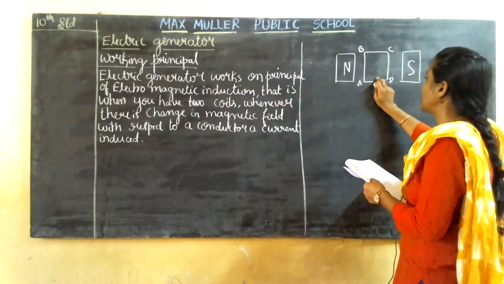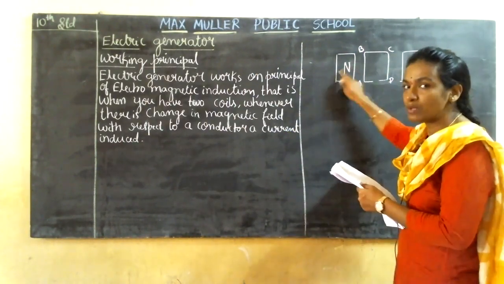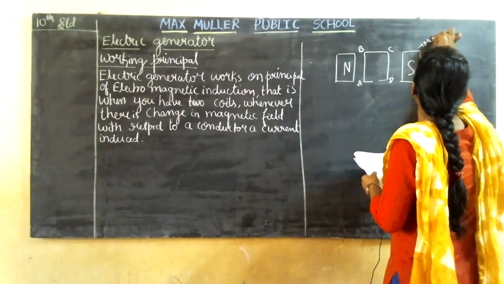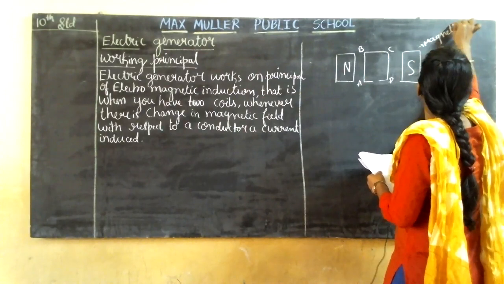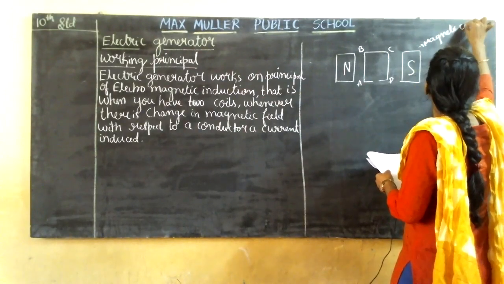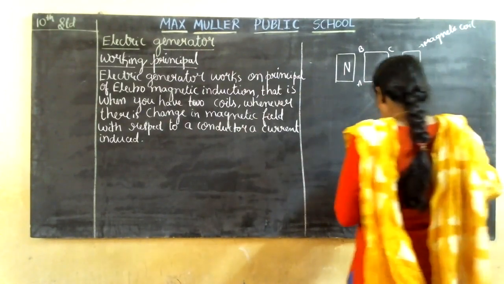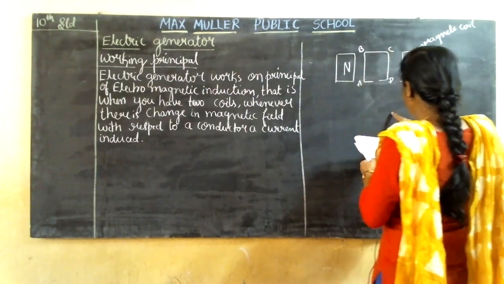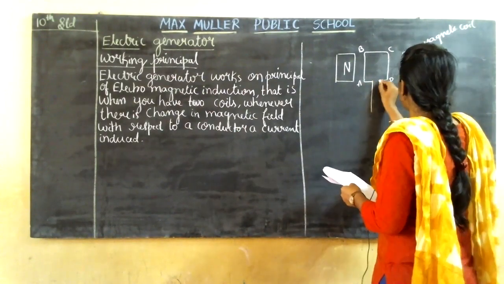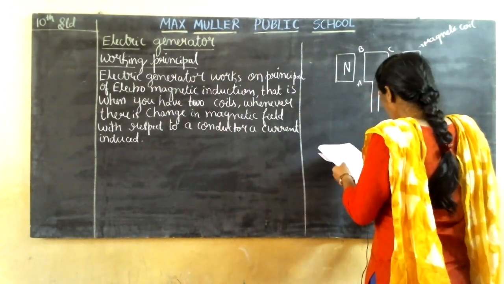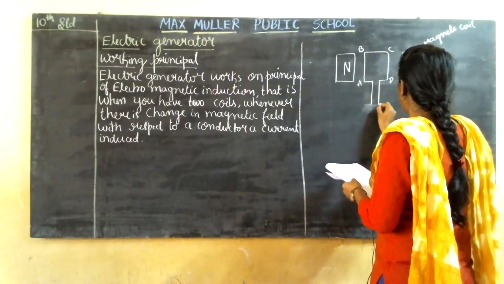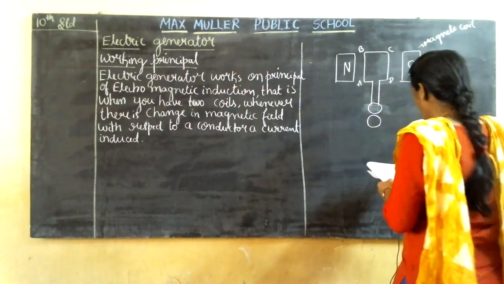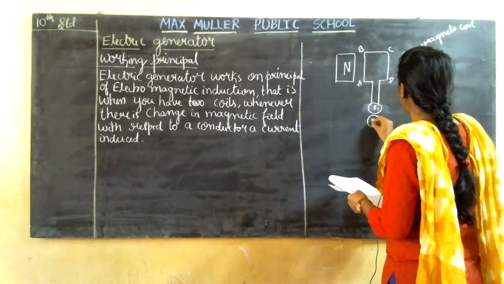This rotating rectangular coil is placed in between the two magnets here. Next, the two ends of this coil are attached to the two rings, denoted R1 and R2.